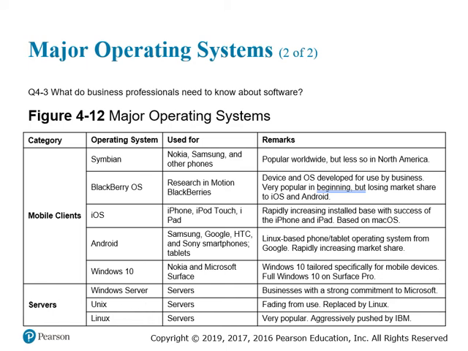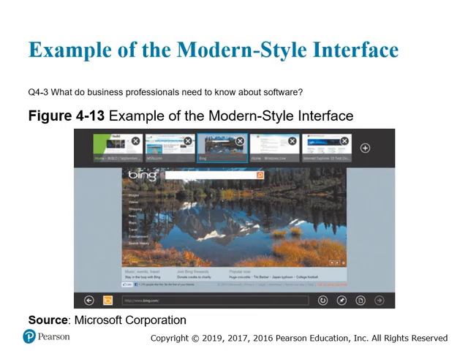So those are major operating systems, but they're designed for hardware. So mobile clients wouldn't be used on a PC, and vice versa. So this slide, I think this is just an advertisement for Bing, but it's supposed to show off a modern style interface, touchscreen, context-sensitive pop-up components.